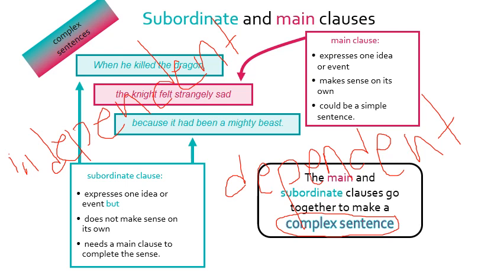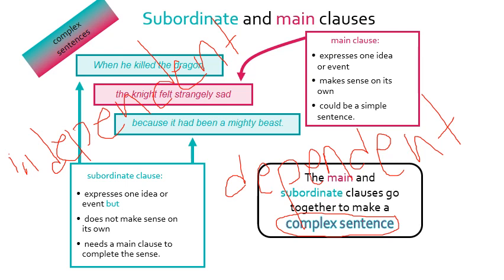two parts. I have the main clause and the subordinate clause, or the independent clause and the dependent clause. What about the independent clause? If you want to figure out if it's independent, ask yourself, does it express one idea and make sense on its own? Yes, so it is independent.